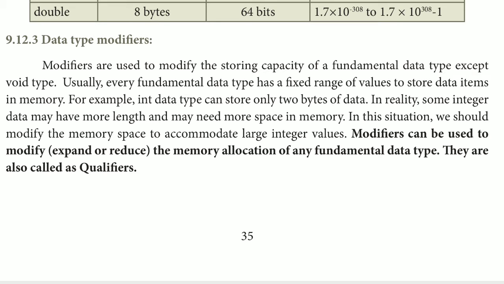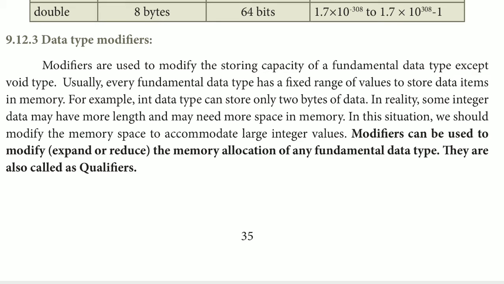In this situation, we should modify the memory space to accommodate the large integer values. Modifiers can be used to expand or reduce the memory location of any fundamental data type. These are also called qualifiers.